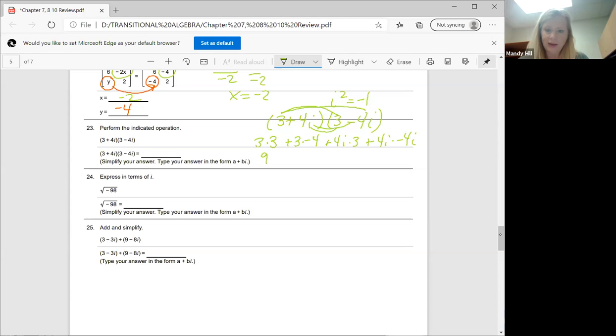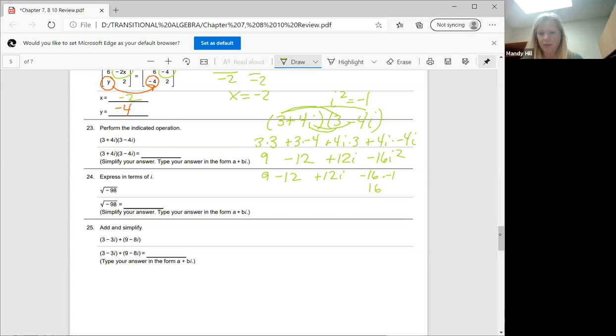That's going to get me 9. This is -12. This is positive 12i. And this is -16i squared. Okay. Well, the only thing, so really, this right here means -16. i squared is -1.